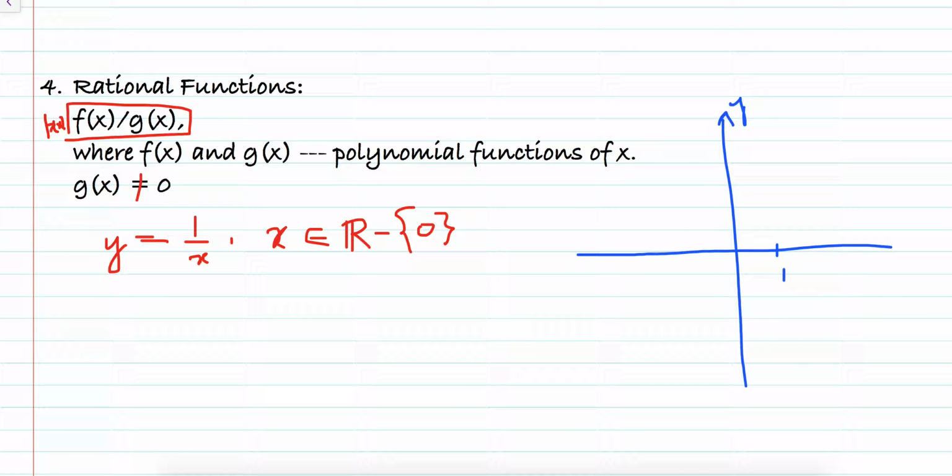So this is 1, this is -1, so for 1 it's 1, for -1 it's -1, for 10 it will be 1 by 10, a very small number, for 5 it's 1 by 5, and for 0.5 it will be 2, for 0.3 it will be 3.